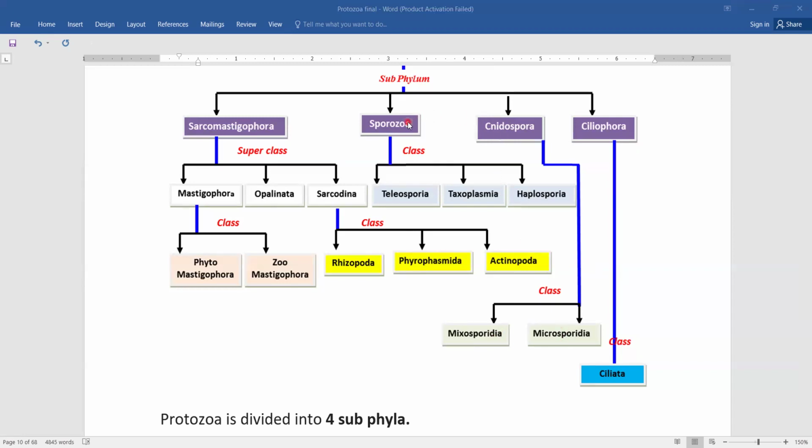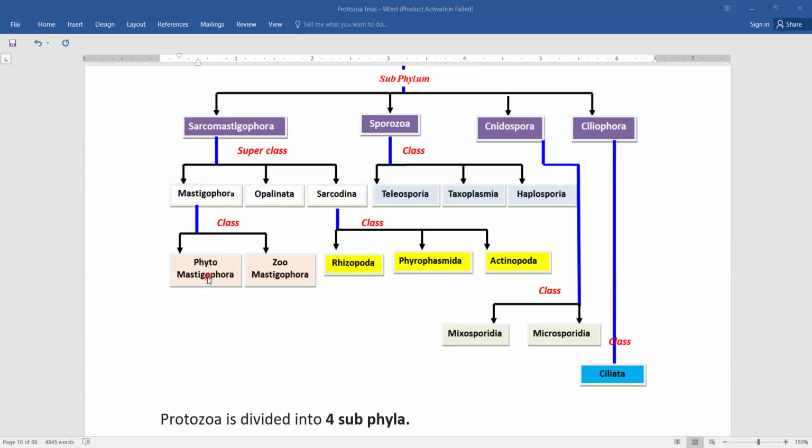Sporozoa has three classes: TTH, Telosporea, Toxoplasmea, and Haplosporea. These three are easy to remember. Sarcomastigophora is somewhat more complex. It has three superclasses. These are not classes, these are superclasses.